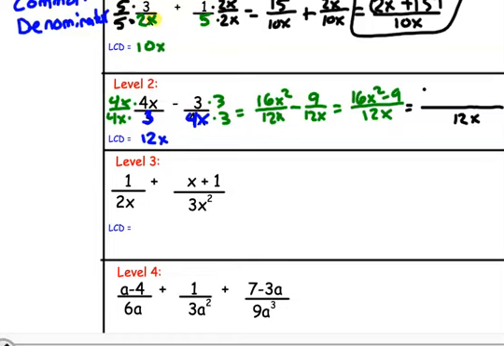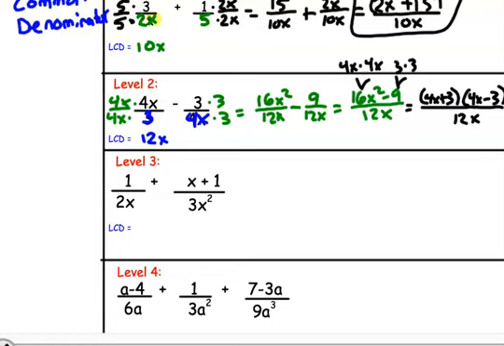Okay, this up top can factor because we can take the square root of 16x squared. We can use that as 4x times 4x. And then for 9, we can do 3 times 3. We can take the square root of both of those things. This is called a difference of squares. So I can do 4x plus 3 and 4x minus 3 as my factoring here.